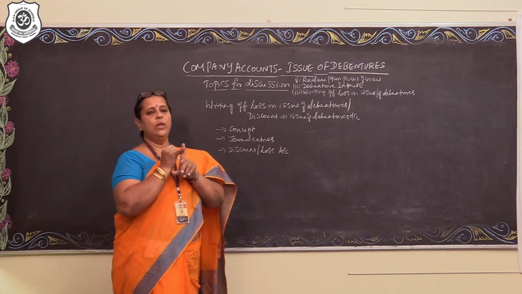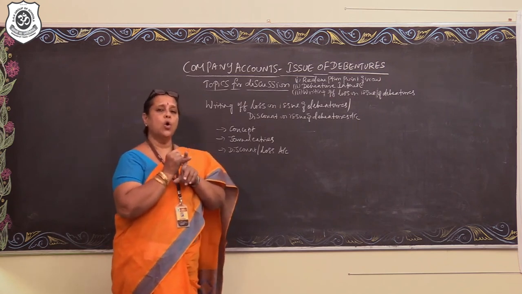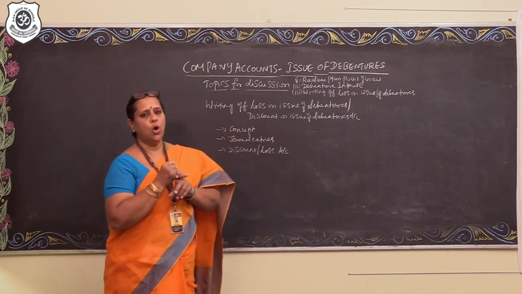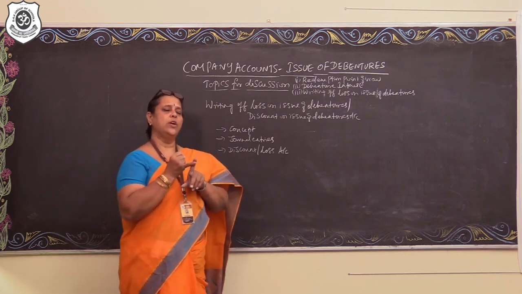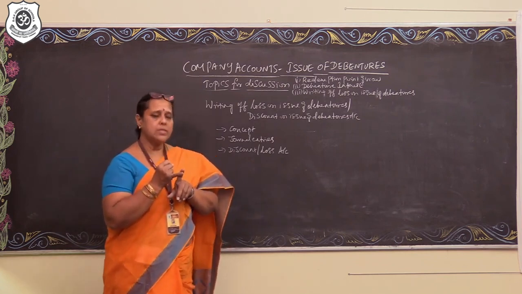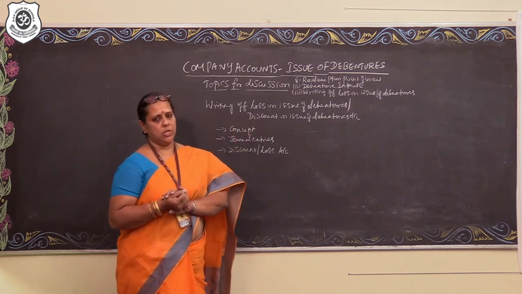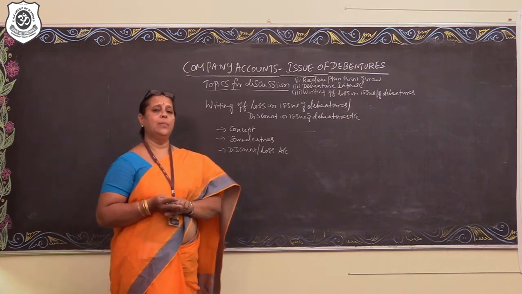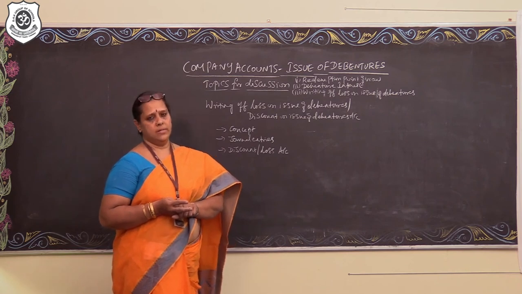So, the company will use the amount available in the securities premium reserve to write off discount on issue of debentures or loss on issue of debentures. In case the amount available in the securities premium reserve is not sufficient to cover the discount or loss on issue of debentures, the company may use the amount available in capital reserve or any other accumulated reserve.